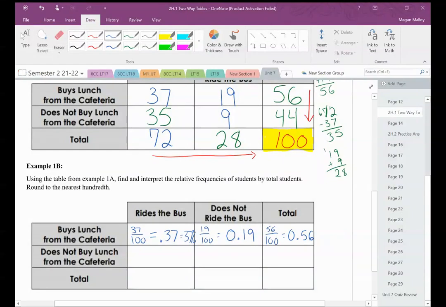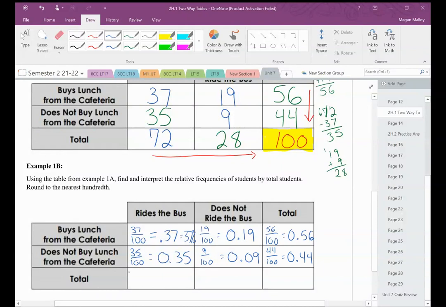So students who ride the bus and do not buy lunch, that's 35 out of 100, and that would be 0.35. Students who do not ride the bus and do not buy lunch, that's 9 out of 100. So that would be 0.09, nine hundredths. And my total of students who do not buy lunch, 44 out of 100, that would equal 0.44.